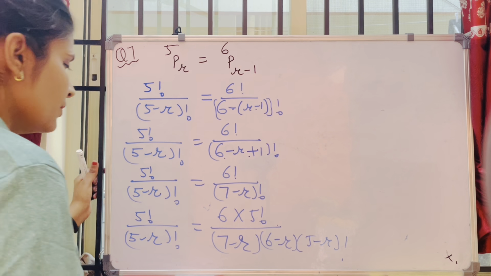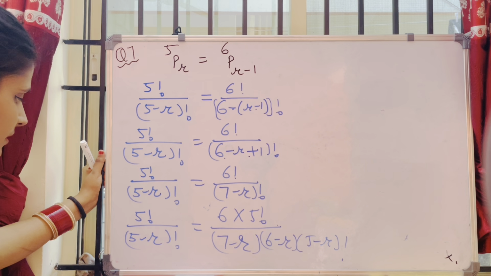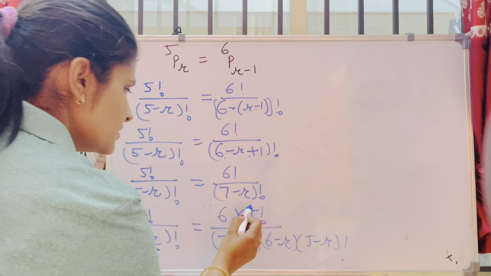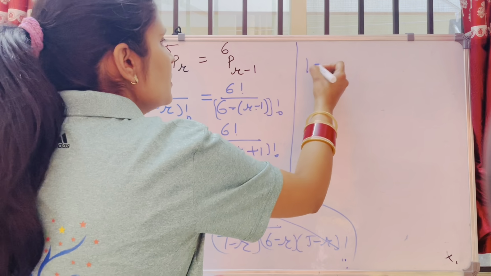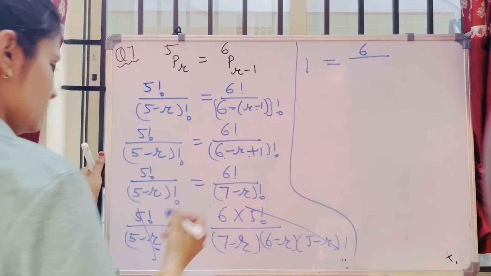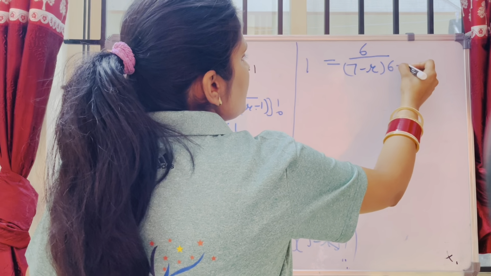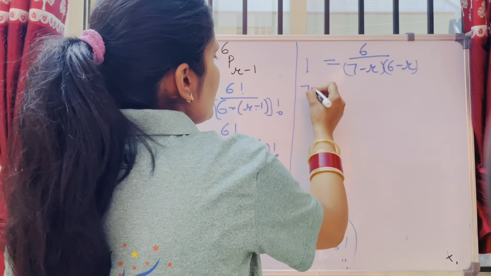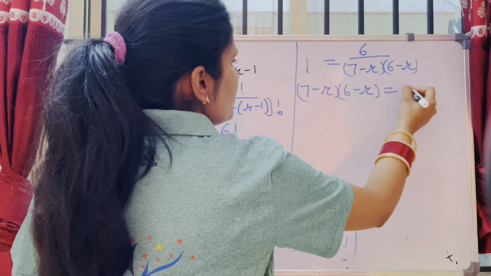So in the next step, you can see here, they cancel out each other. Then we got on the left side 1, which is equal to 6 upon (7 minus r)(6 minus r). So (7 minus r)(6 minus r) is equal to 6.